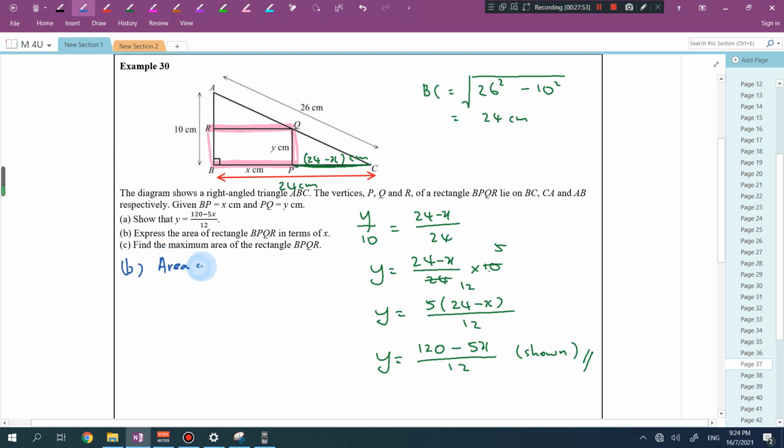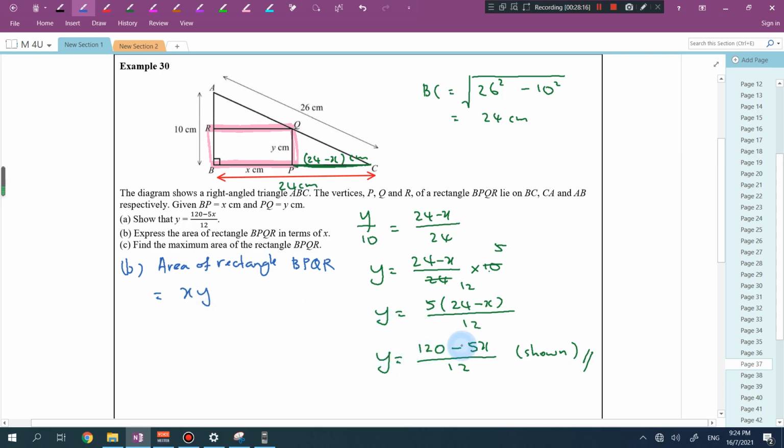Area of rectangle BPQR is actually equal to x times y, right? And the question asks us to express the area in terms of x. It means that we have to represent or replace the y by x.